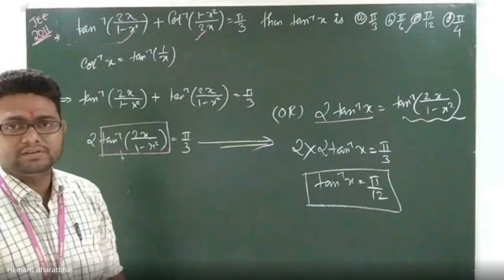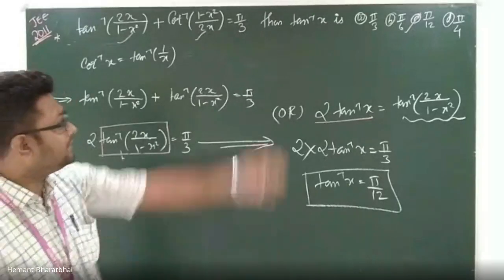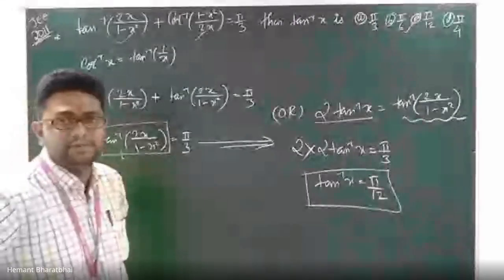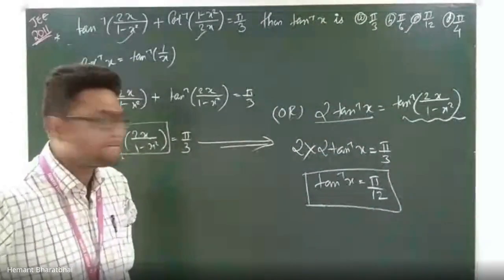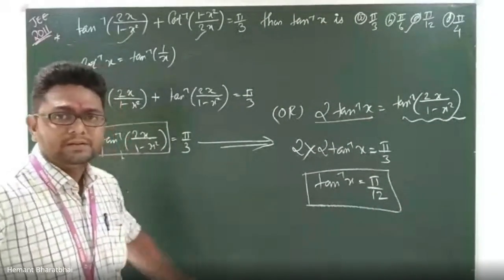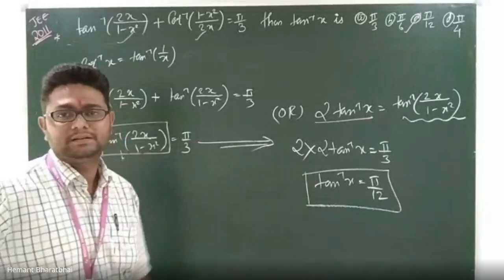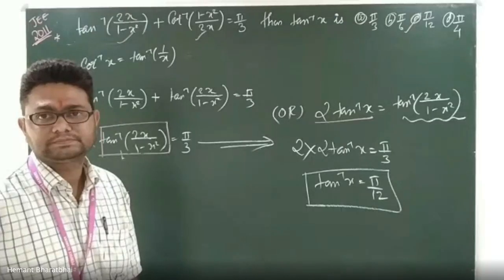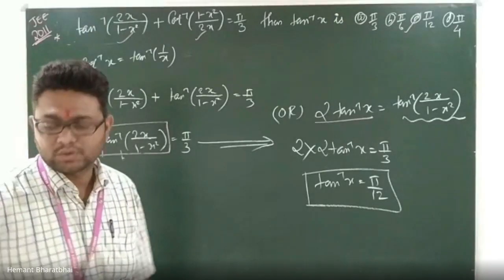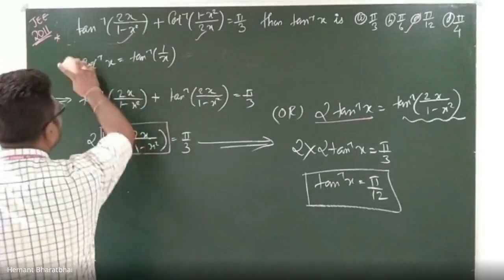Any confusions in this? That calculation was becoming complex and getting this would have become difficult. Everyone has understood this step? Okay, so let's do next numerical.